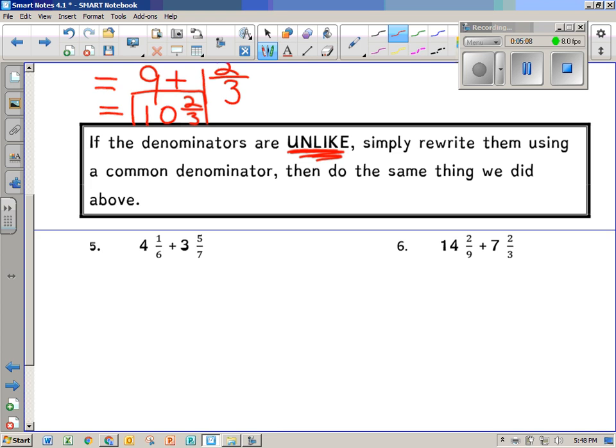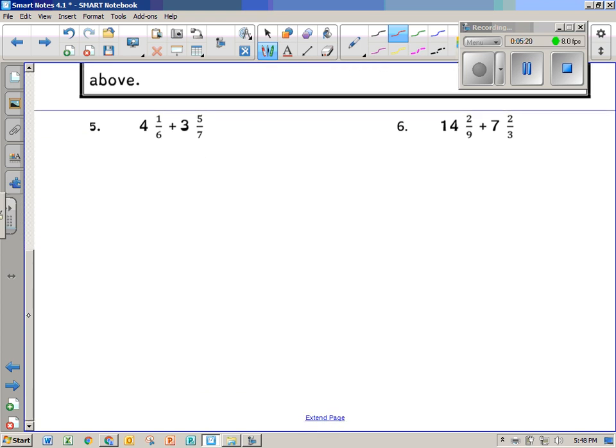You have to make them all the same thing before you can put them together. So this box is really critical. What I've written here, if we can just rewrite 1/6 and 5/7 using the same denominator, we can do exactly what we did on the previous two problems, which was pretty simple.